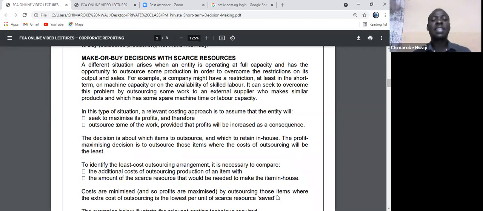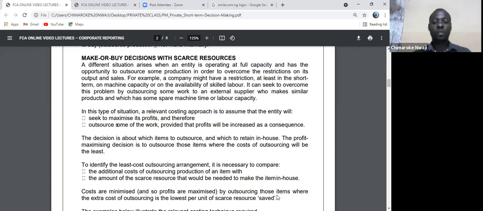You have to identify the least cost outsourcing arrangement. So to identify the least cost outsourcing arrangement, it is necessary to compare the additional costs of outsourcing production of an item with the amount of the scarce resource that will be needed to make the item in-house.